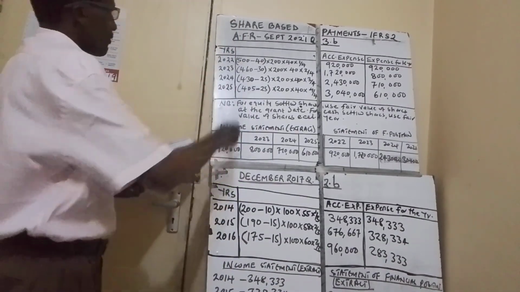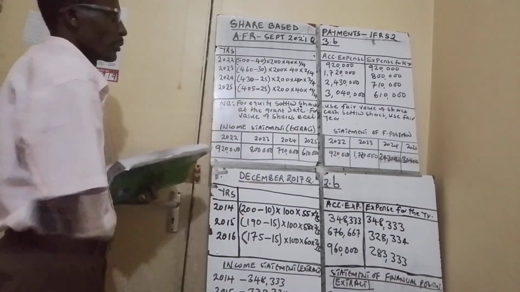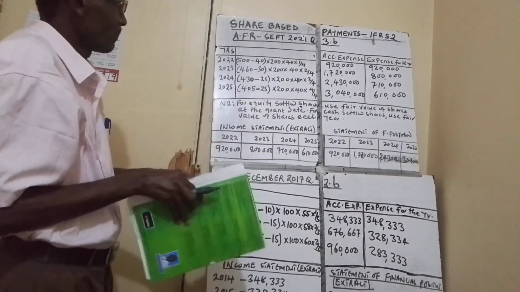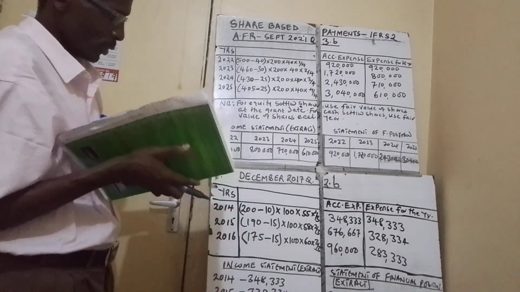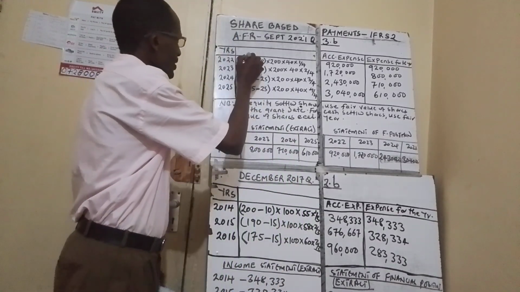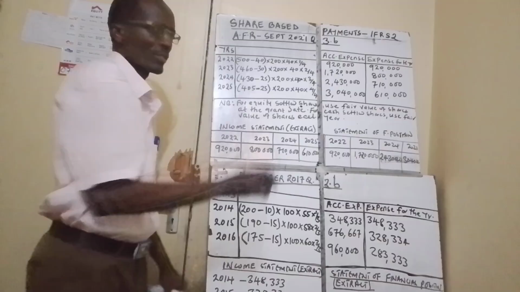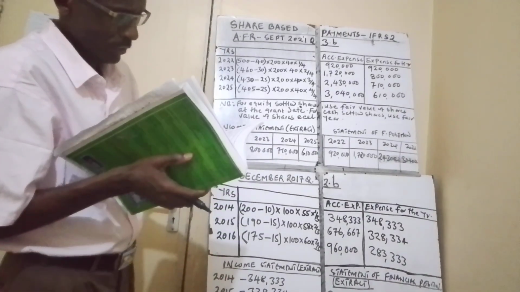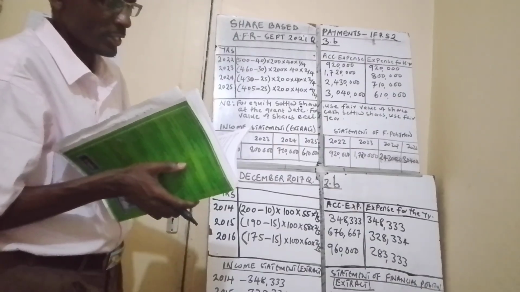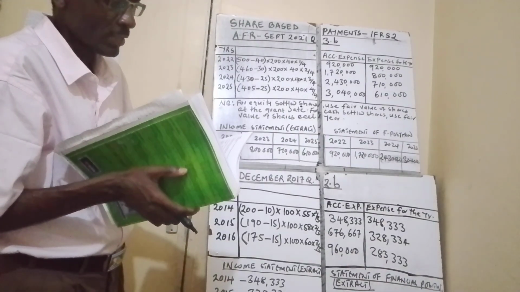So let's come back here, so you understand what you have done. The years are given there. Now here, I just show you the workings. Remember, we have 500 employees, so in the first year we have 500 employees. But if you look at the second column, you are told 40 employees are expected to leave employment.